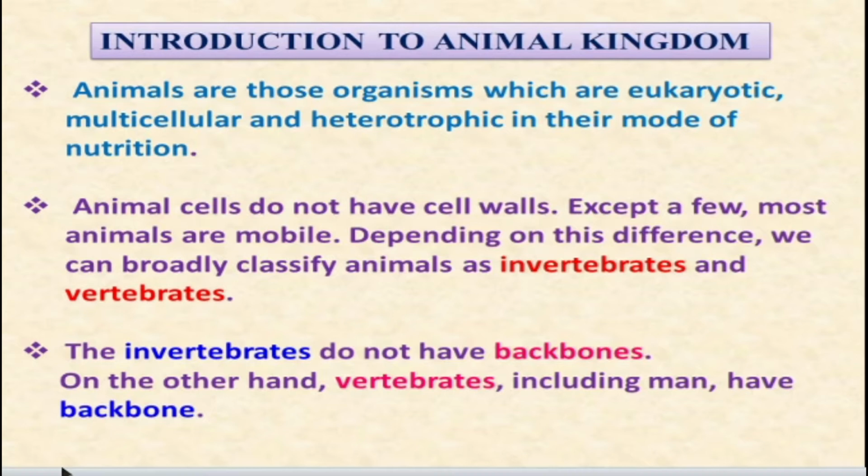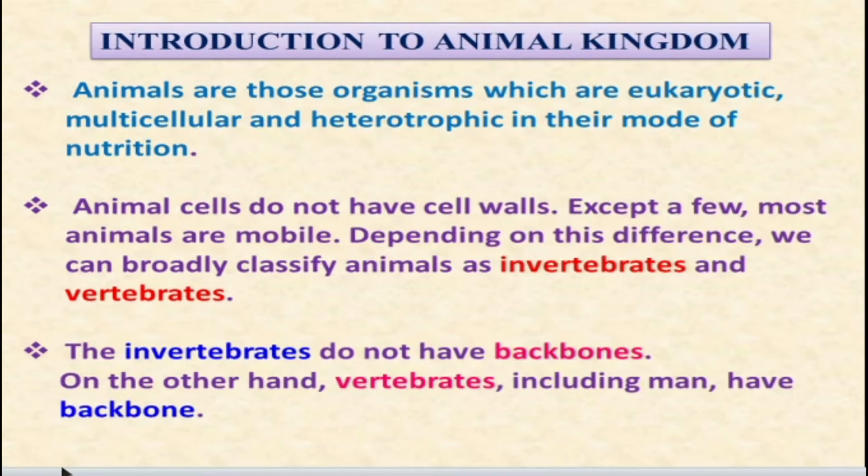Eukaryotic means a well-defined nucleus and also membrane-bound organelles are present in the animal body. It has a large number of cells, so we call it multicellular, and it depends upon other living substances for food. It is also known as the heterotrophic mode of nutrition.